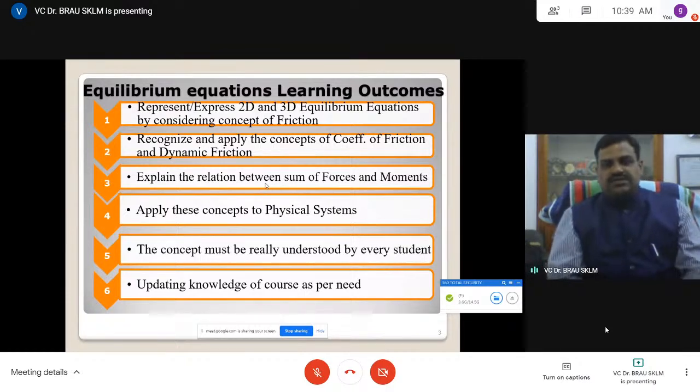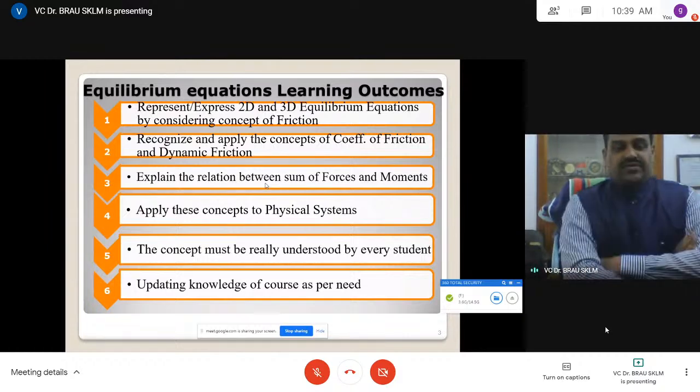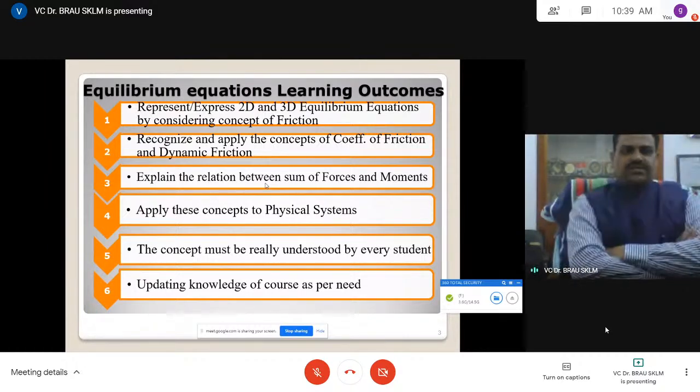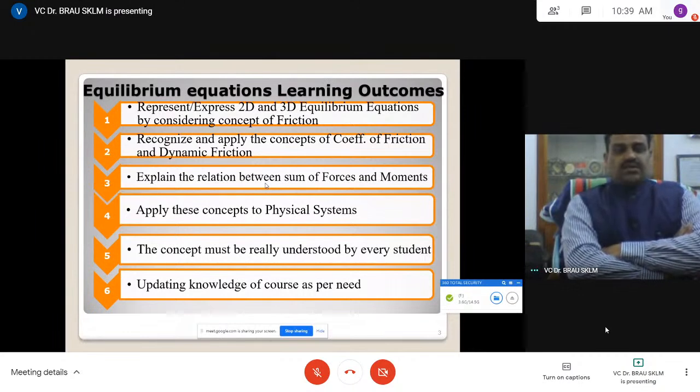You apply these concepts to physical systems, any system you take, mechanical or electrical or electronics or civil, any system you can consider. You have to understand the concepts. Once you understand the concept, you can solve any problem. Whatever the form, the twisting is given, you can easily understand. If you don't have the concept, then the problem will arise.